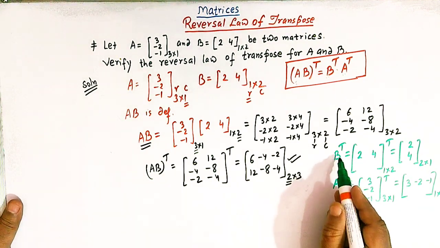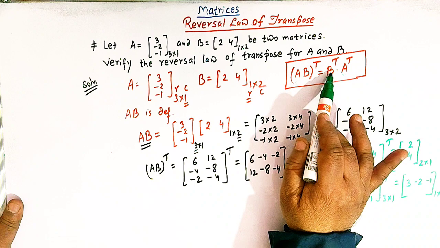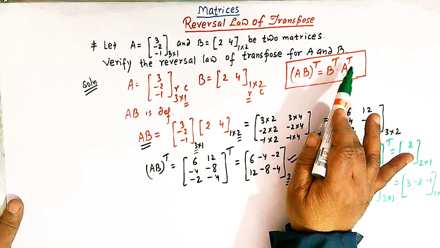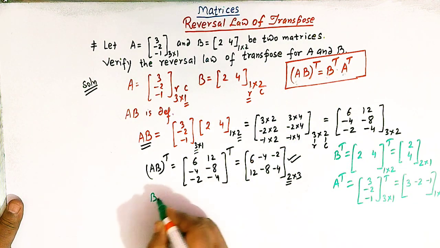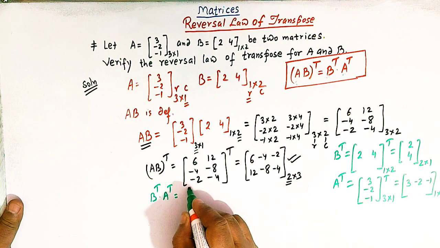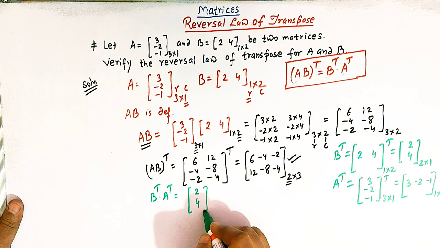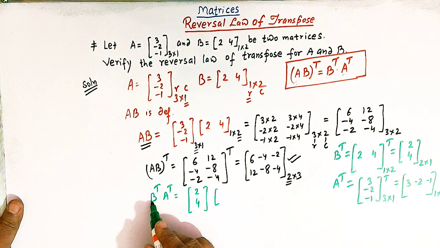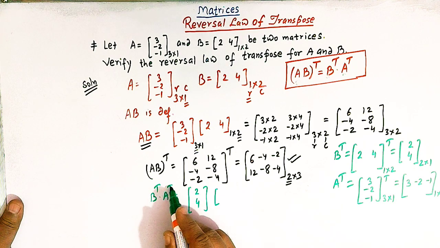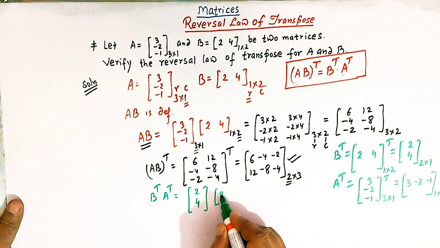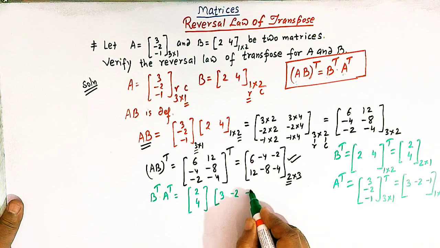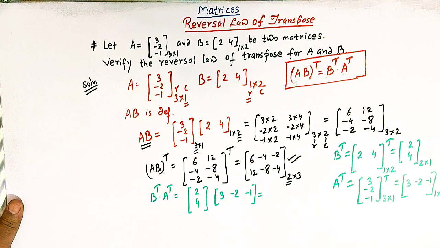So now we need the product B transpose times A transpose. So we can now write B transpose, A transpose, and here B is 2 4, and B transpose is 2 4, and A transpose is 3, minus 2, minus 1, right?